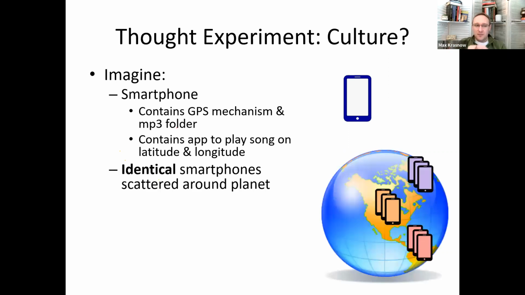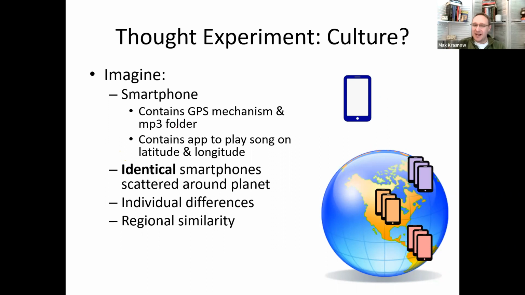If we put identical copies of that smartphone around the world, and latitude and longitude vary around the world, we would see that there would be individual differences, right? Smartphones in one place would be playing one song. Some of those smartphones would be playing a different song if they were in a different place, and so on.